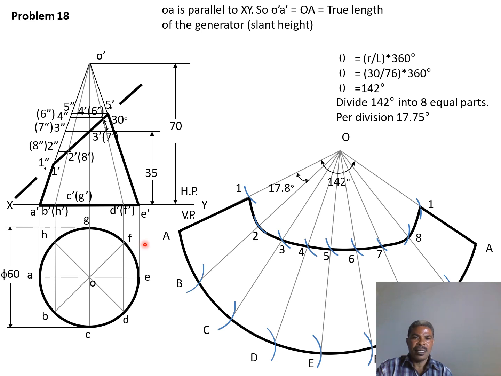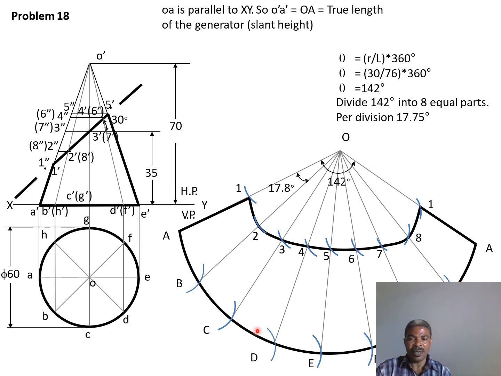All right. After we have obtained this, we have to remember this is a cone. For a cone, to determine the total length that will form our development, we need to first calculate the total angle for our arc.